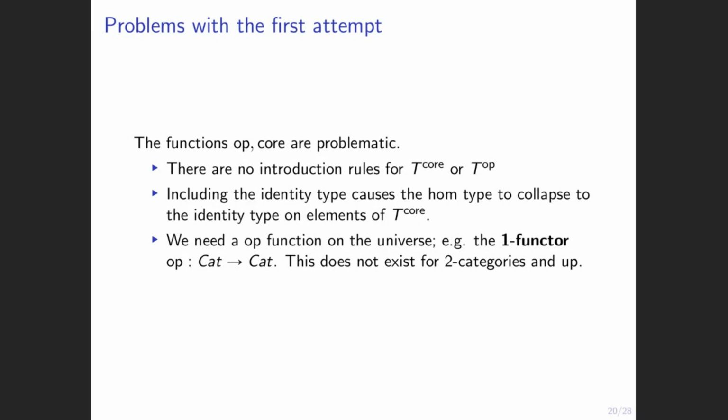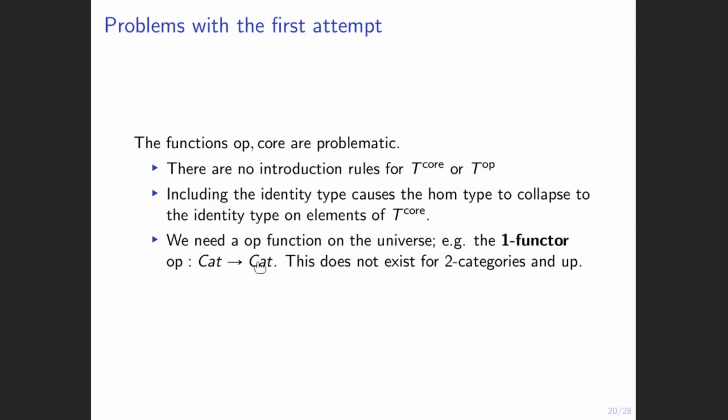So for example, in the semantics, I need to use this one functor that turns any category into its opposite. But interestingly, this one functor doesn't extend to a two-functor between the two-categories of categories.